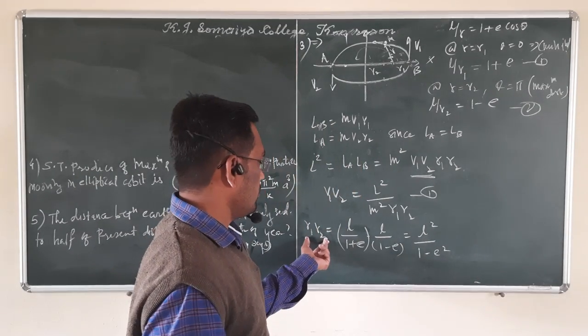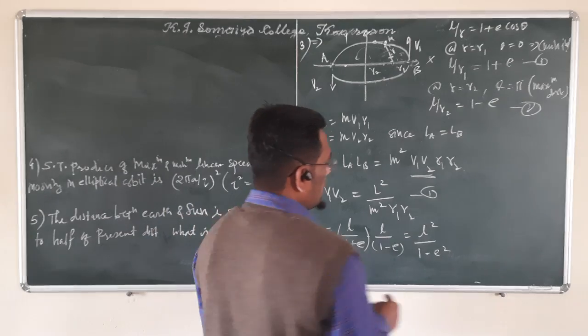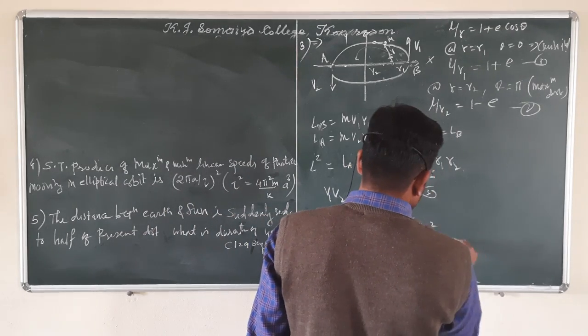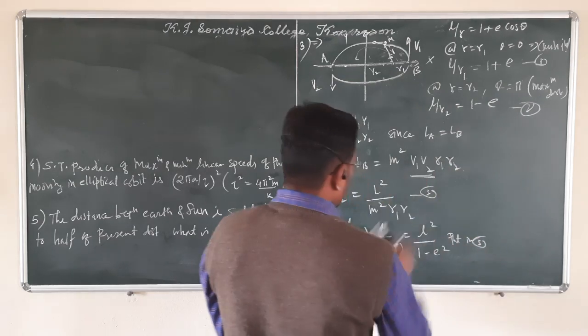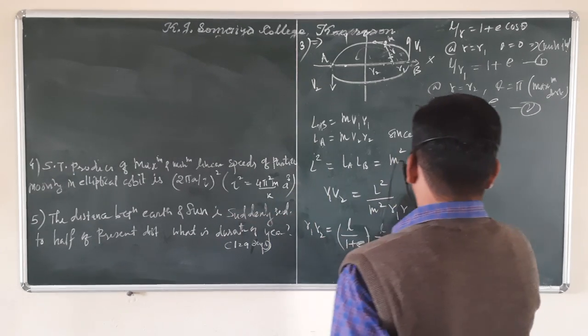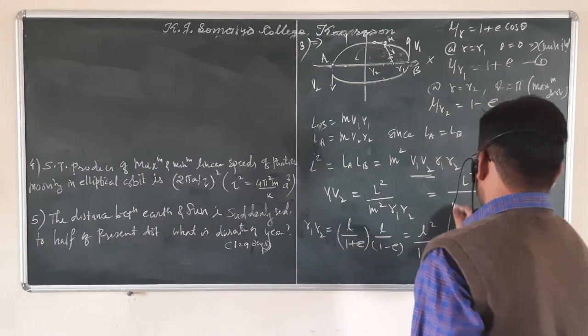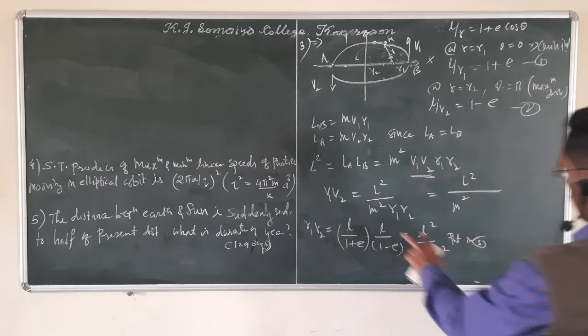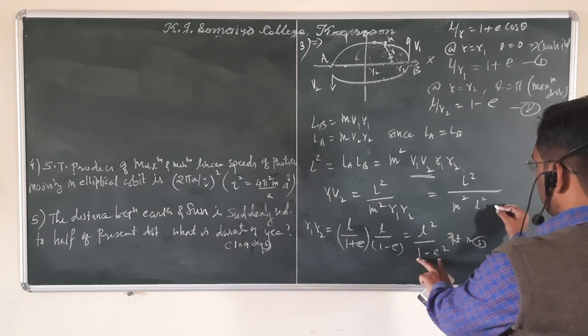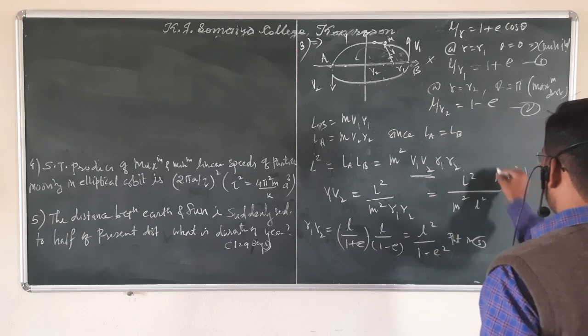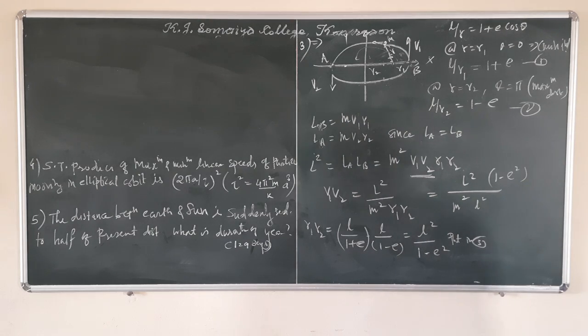Now if you put this in equation 3, what you will get is v1 v2 is equal to L square divided by m square r1 r2, which is L square, and this 1 minus e square term goes upward.